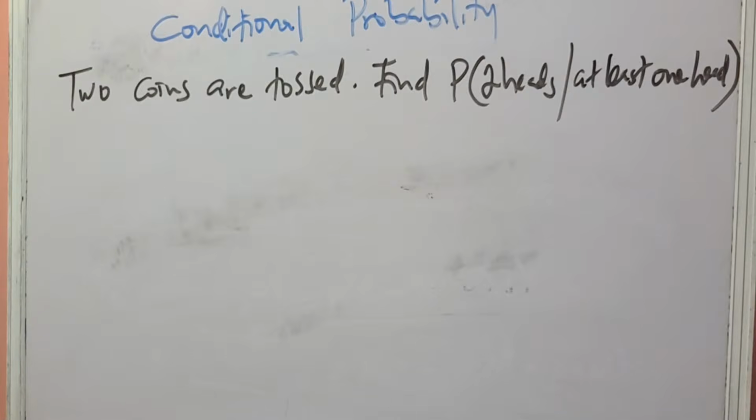So 2 coins are tossed. Find probability of having 2 heads, given at least 1 head.